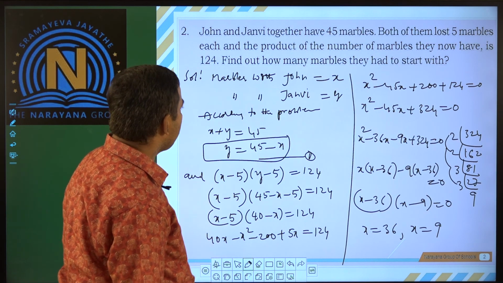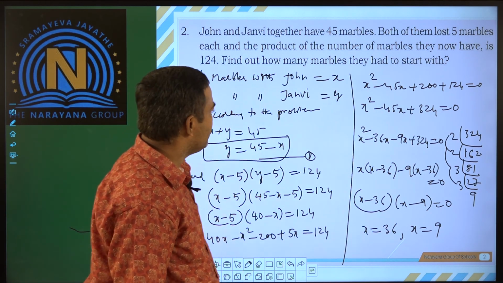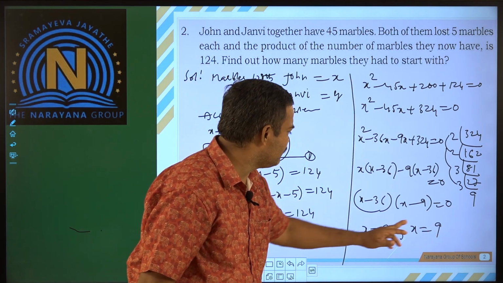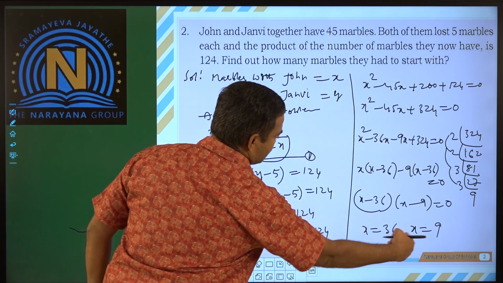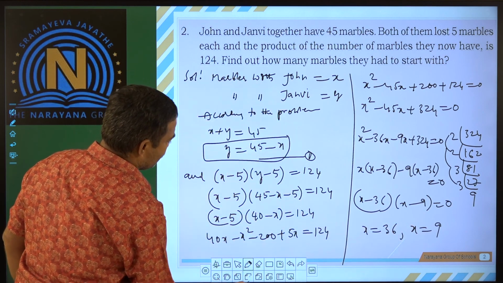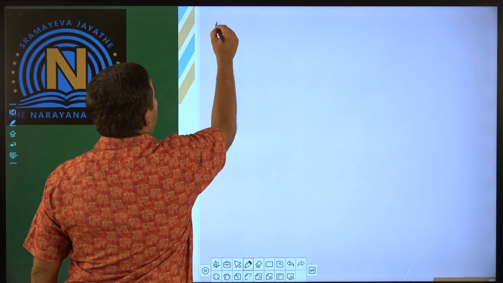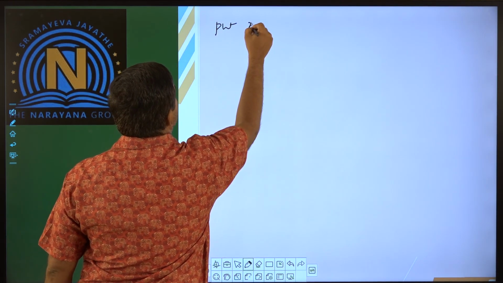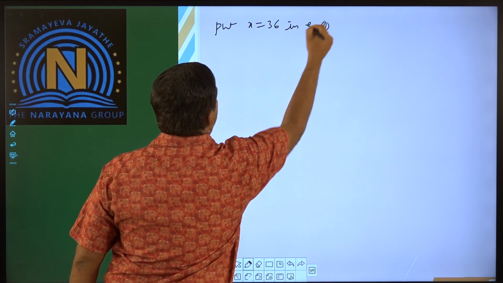So the number of marbles with John is 36 or 9. Substitute these two values in equation 1. Put x is equal to 36 in equation 1.